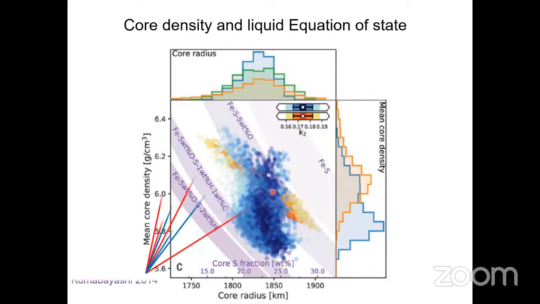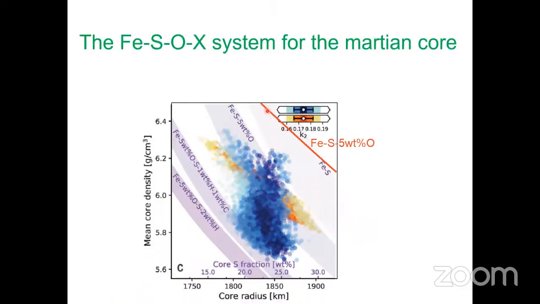Looking at this data, they used my equation of state for the pure iron and oxygen system. At this time, in 2021, Sam Thompson's paper was not published. And if we calculate this iron-sulfur, 5 weight% oxygen band with our newly determined iron-sulfur equation of state, that is here.